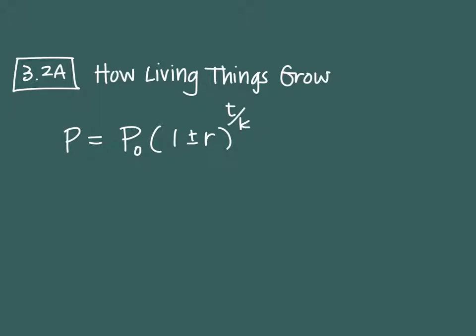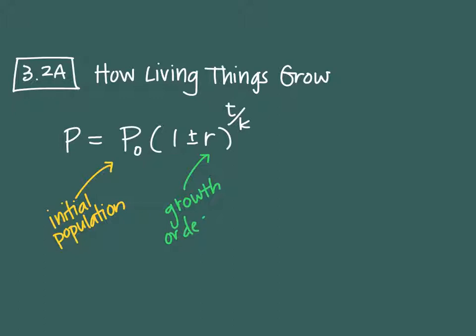All right, so I've told you already that P sub 0 is the initial population. So that's how large something is at the beginning. R is the growth rate or decay rate, depending on if that's a positive or a negative number.